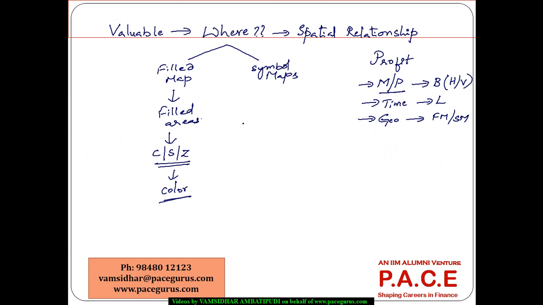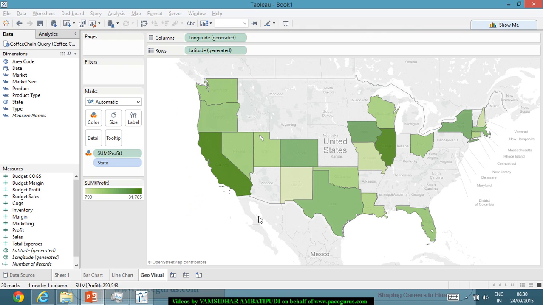But with this kind of filled map, some kind of analysis is difficult. What is that? Here California is showing with a dark green, right? Now, this is not a representation of the size.